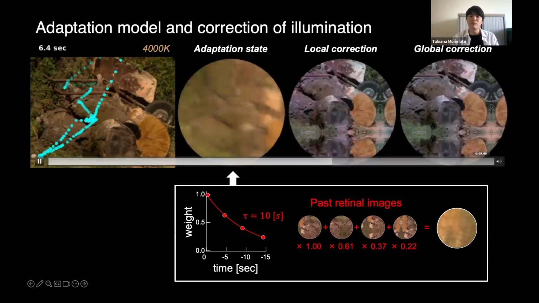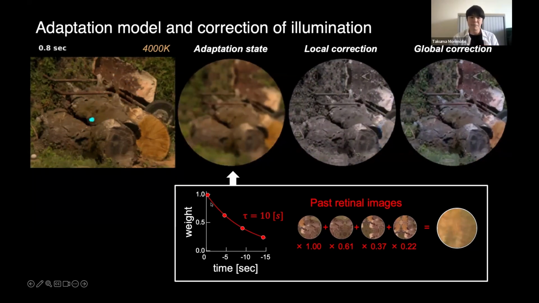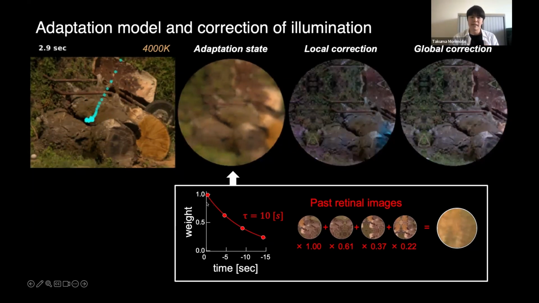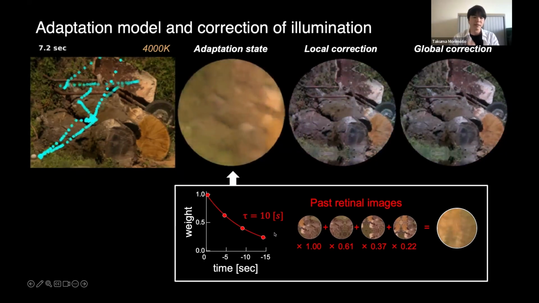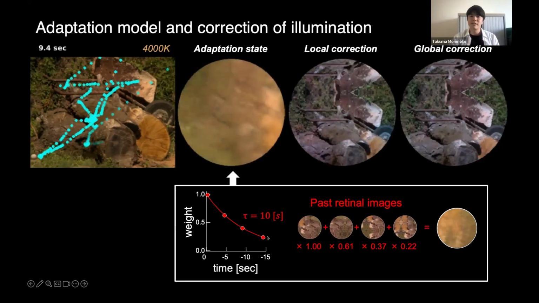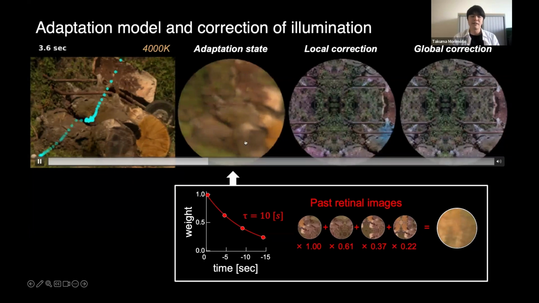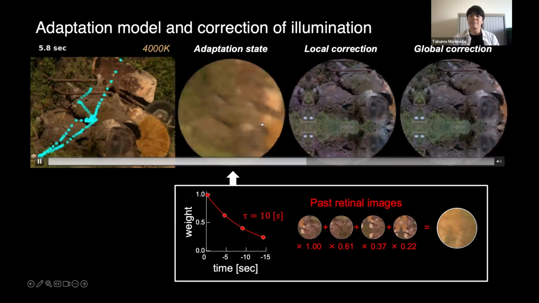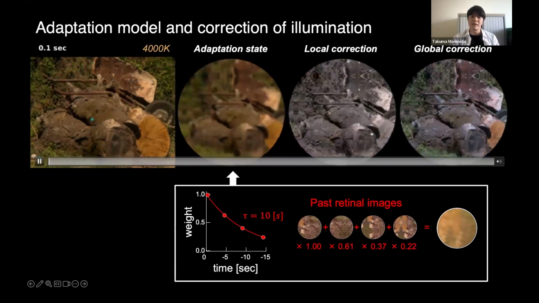We assign the highest weight to the most recent experience, and towards the past, the weight decays. We can try different time constants, but I'm showing the example of a time constant of 10 seconds. Then, using this adaptation state, we applied a pixel-wise local correction to get a corrected image.